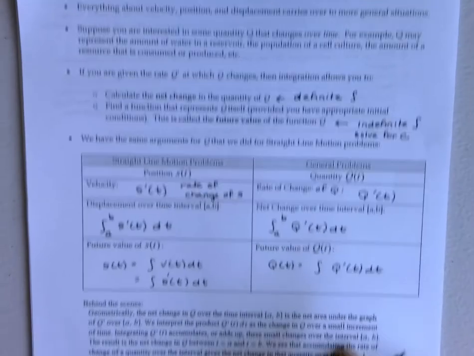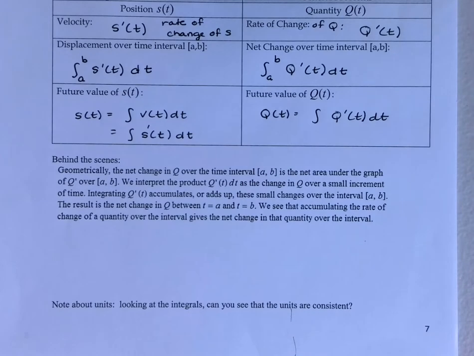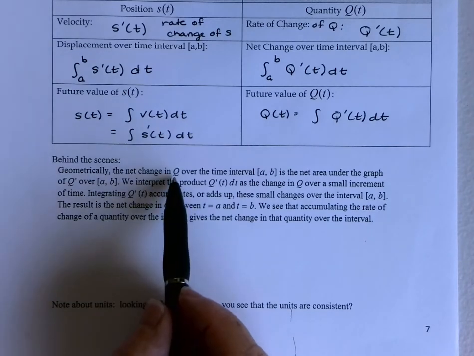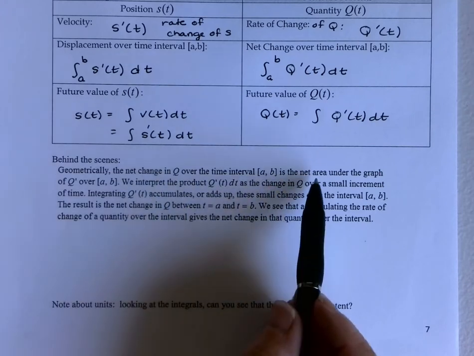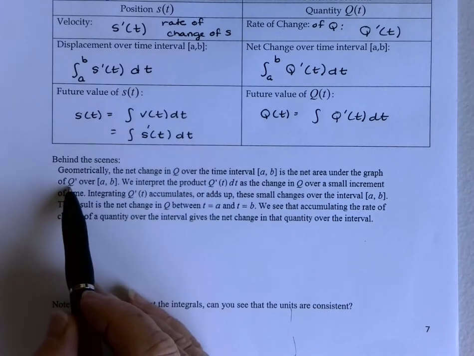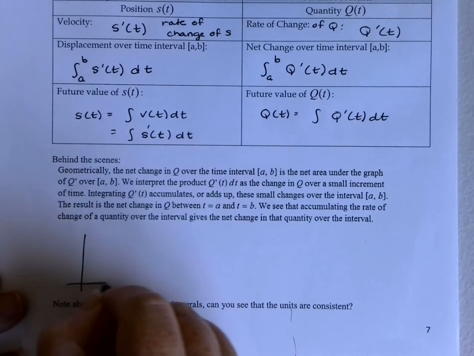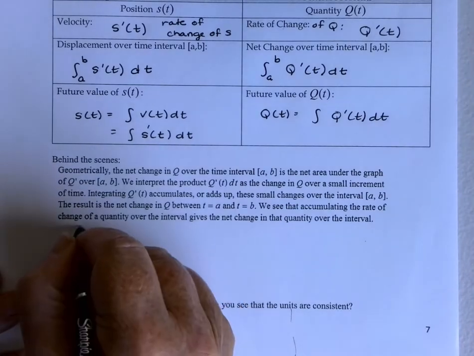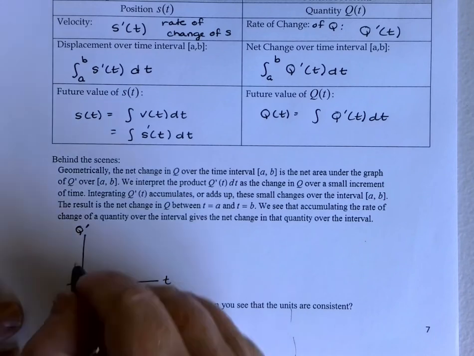Just a little bit of behind-the-scenes geometry here before we try a few examples. Geometrically, the net change in Q over the time interval from A to B would be the net area under the graph of Q prime between A and B. So if we imagine a graph that actually represents not Q, but Q prime.